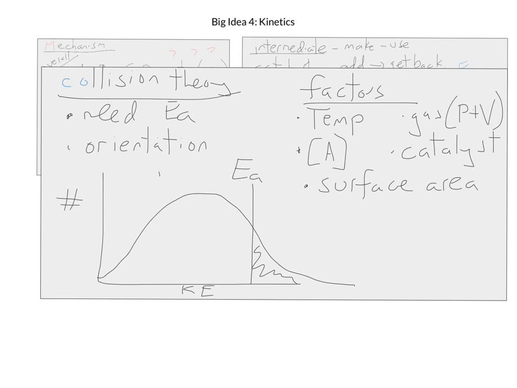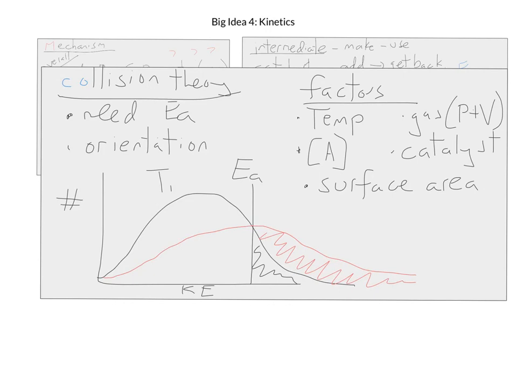So how does temperature get represented on this? Well, if that's my normal temperature, if I heat it up to a higher temperature, I will get, again, a wider distribution. It's a lower peak, but a wider distribution. And now I have more molecules, all the ones that could react before, plus these other ones. You just see that heating it up allows more molecules with more energy to get past that threshold of the activation energy, so they can react.